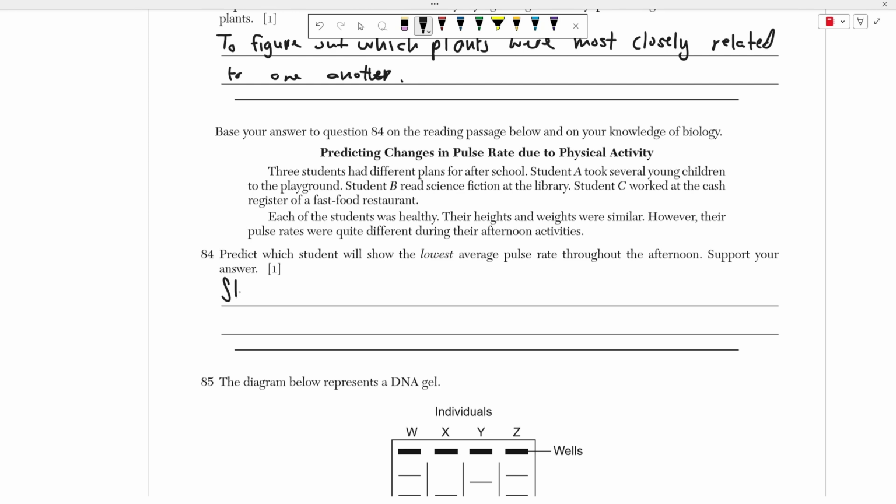Well, student B will have the lowest average pulse because they were the least active.